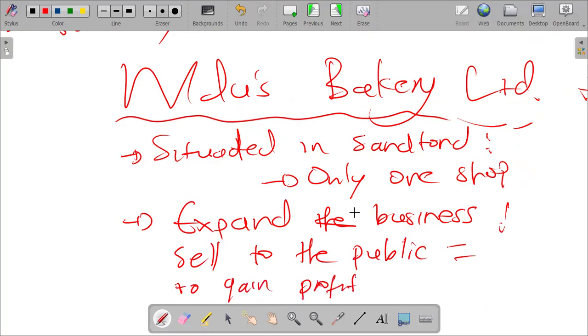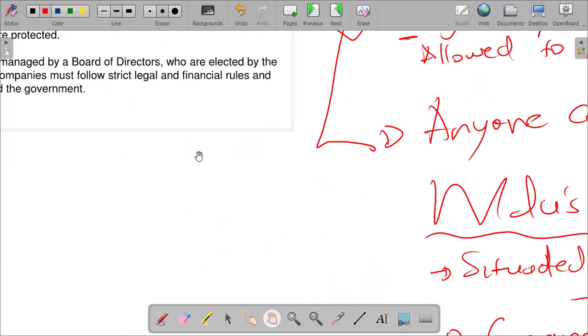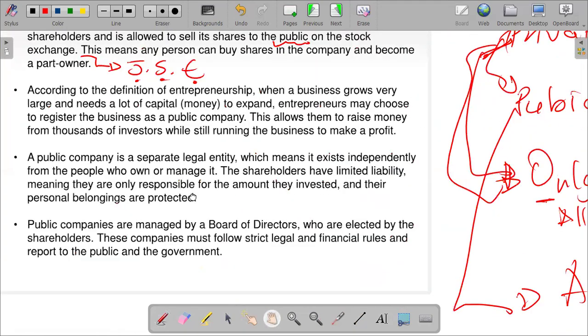So we sell our shares to gain profit so that we can expand. Remember, we were only situated in Sandton, only one shop. But now we want to expand to other places, so we sell our shares to them. That's the reason why you would choose a public company as an entrepreneur. Okay, now let's go back to the definition. I want you to understand how far.